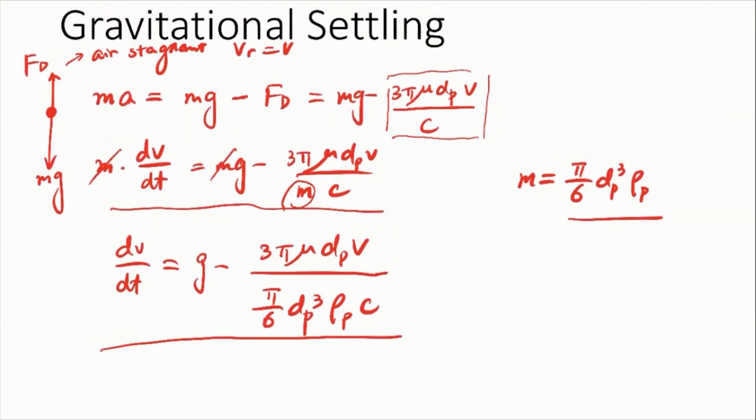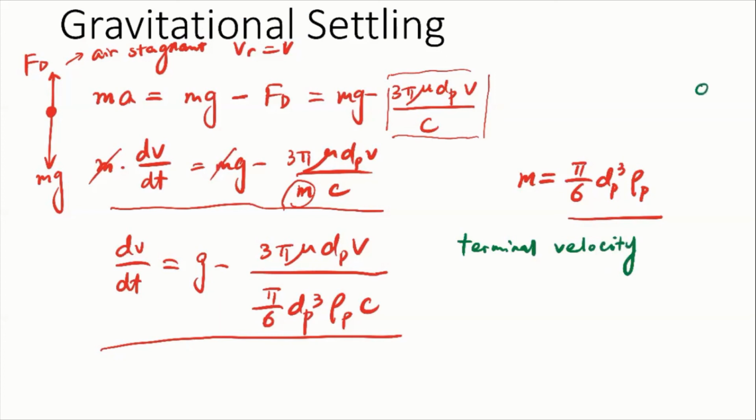What I mean by final velocity is what people call the terminal velocity. For example, when the raindrop falls down from the sky, initially it's accelerating, mainly because it has enough mass.